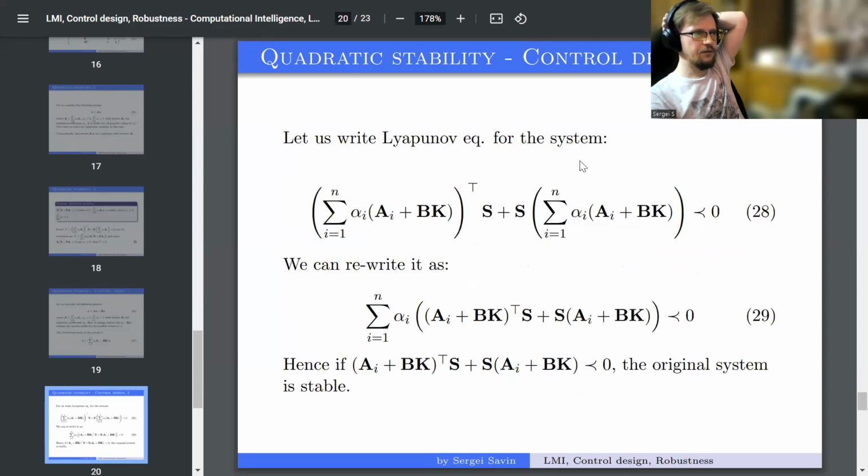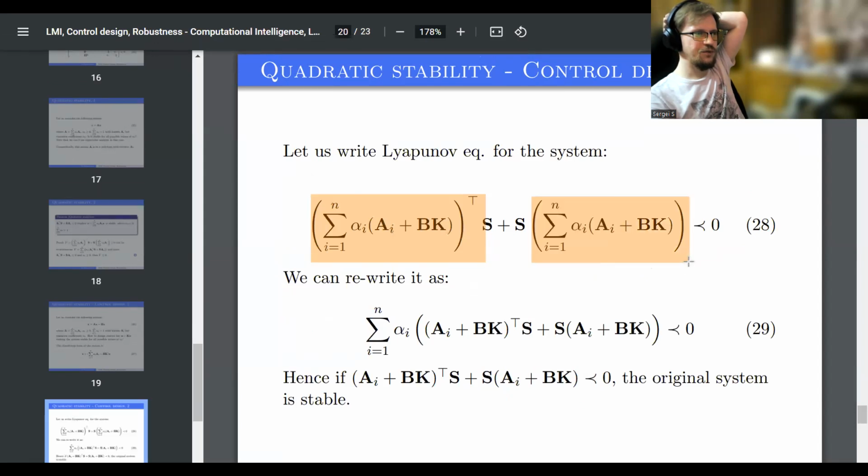And with that, what is our next step? We consider the Lyapunov equation as before. Right.